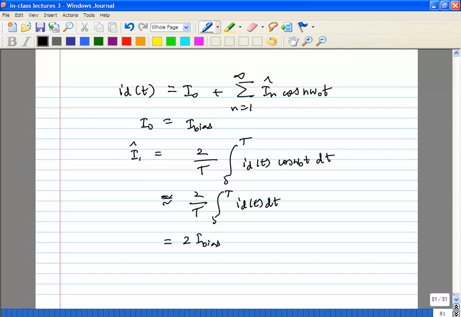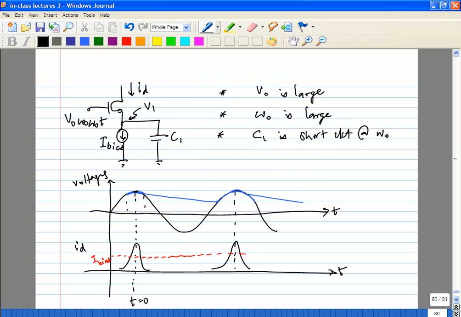Okay. How about higher components? We are going to assume there is some network there which is going to filter out the other components. So we assume that only the fundamental component of current creates a large enough voltage to affect the circuit.